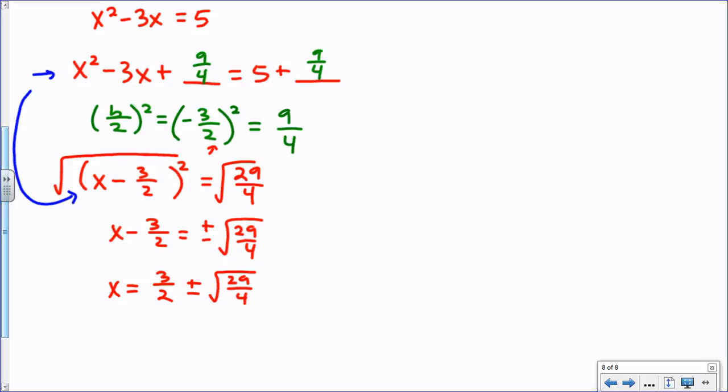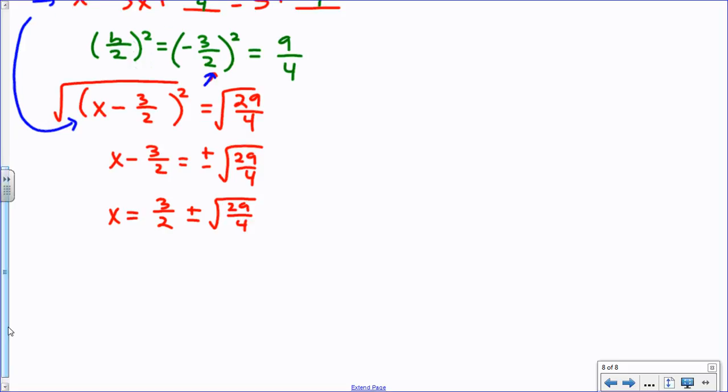It just looks ugly because 3 is odd, so when you divide it by 2, you're going to get a fraction. And like I said, it's always going to be this number here. Other than that, is everybody okay with how we got here?